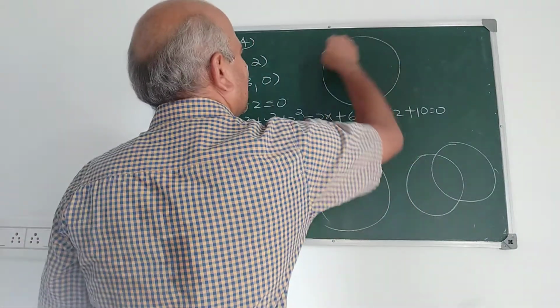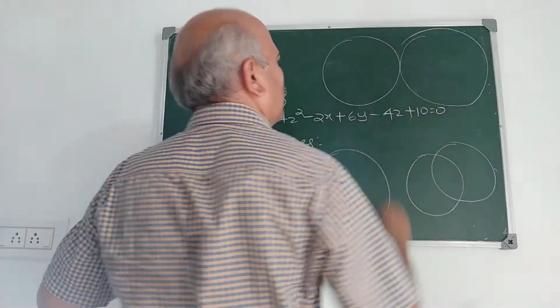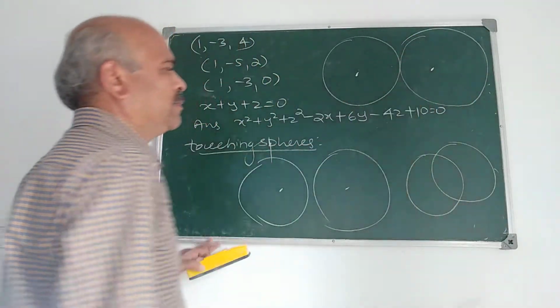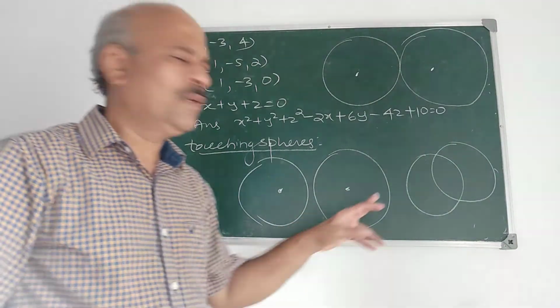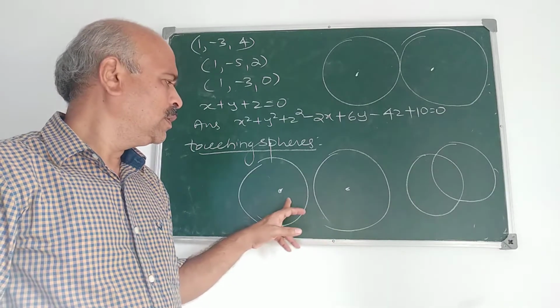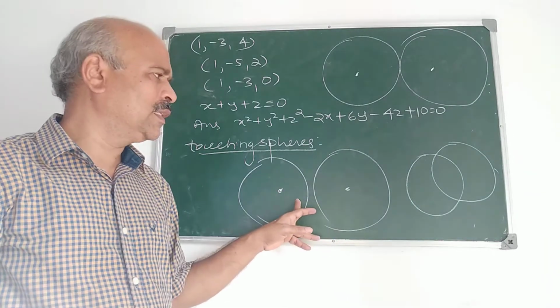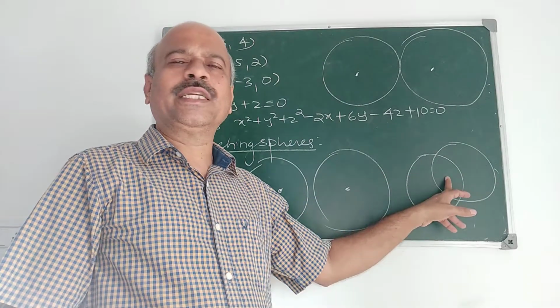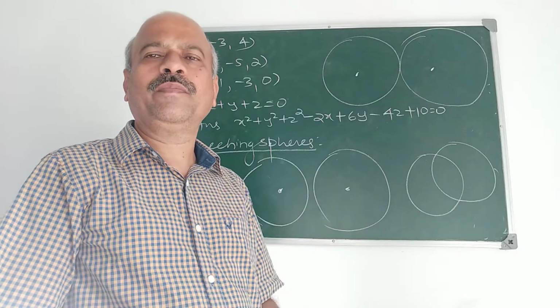One more case is spheres are like this. Here, in case of spheres, we have three different cases. In the first case they do not touch each other, or they do not intersect. In this case they intersect, but in this case they just touch each other, two spheres.